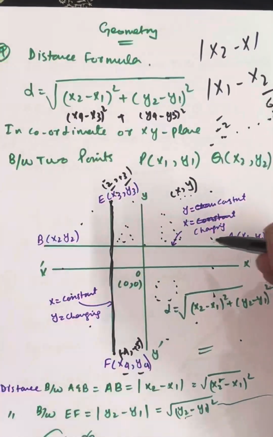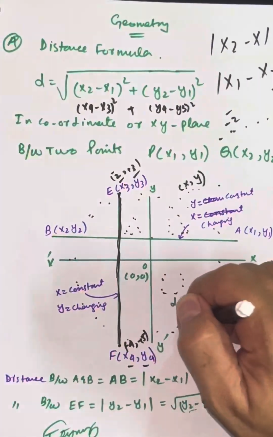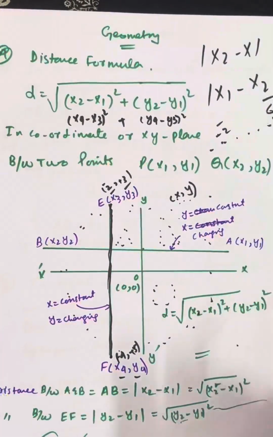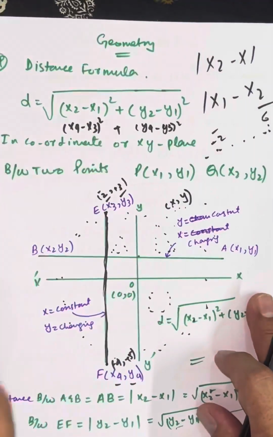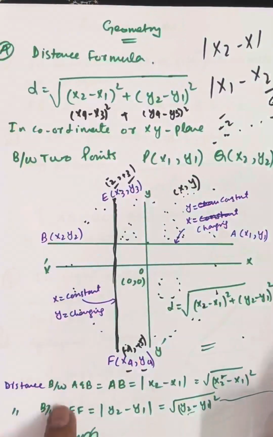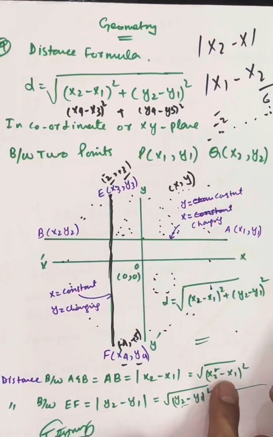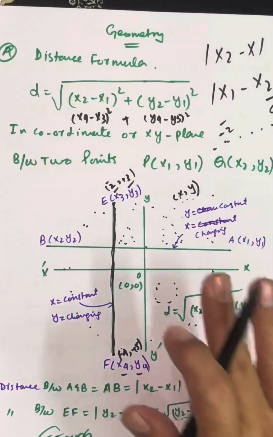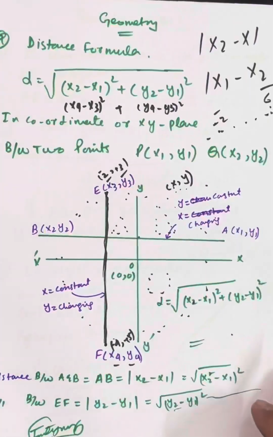If you want to make a circle, there will be many points here. You can find each point in this circle coordinate system using this equation. Distance between E and F. So this is how you can find the distance between 2 points in a coordinate system.